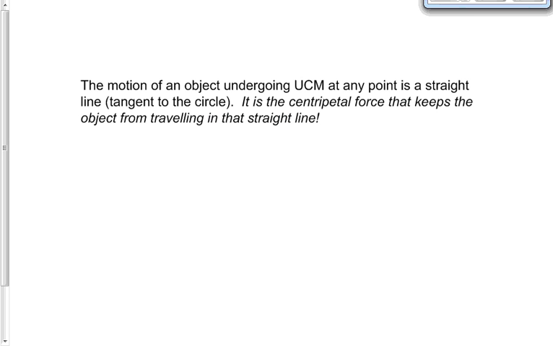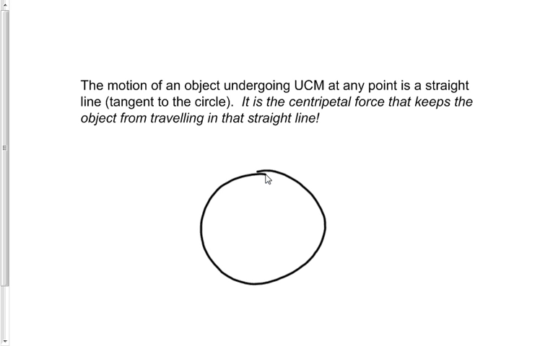Now, when the object that experiences a centripetal force, the object that's moving in a circle, for whatever reason has the centripetal force removed, we know, just like that cat on the fan video that I showed you the other day in class, that the subsequent direction of motion of that object will be in a straight line at a tangent to the circle.